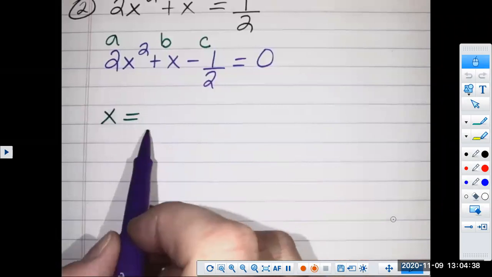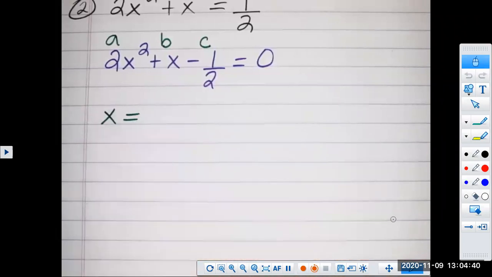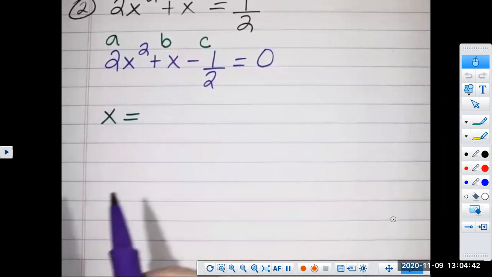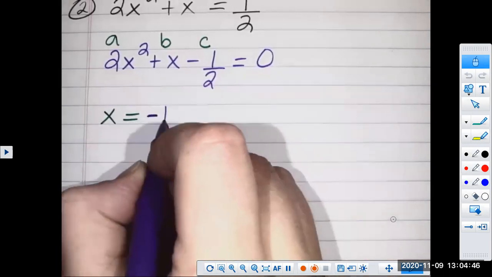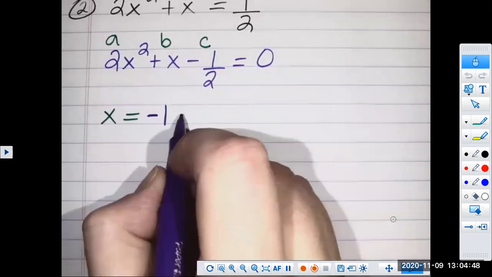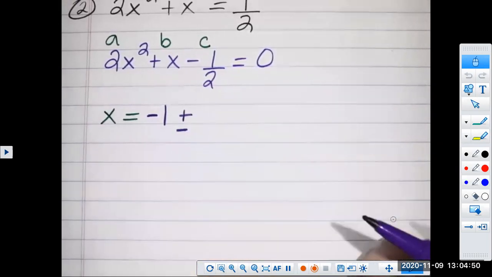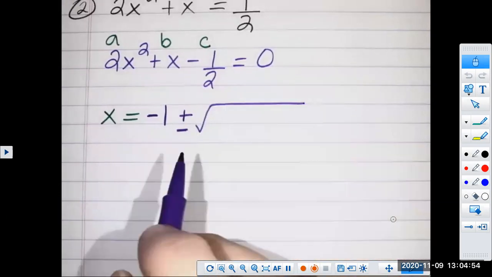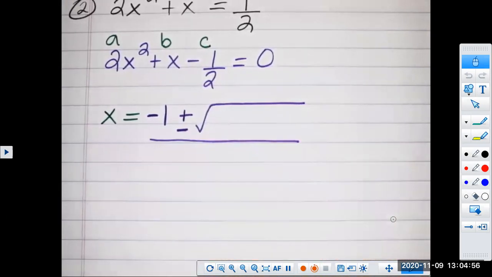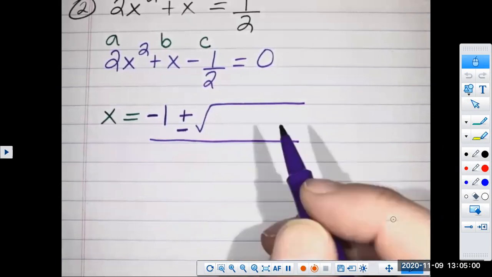So when I plug in, tell me what number I'm going to plug in at first. Good. Always the opposite of B. And then plus or minus square root. What number goes here?